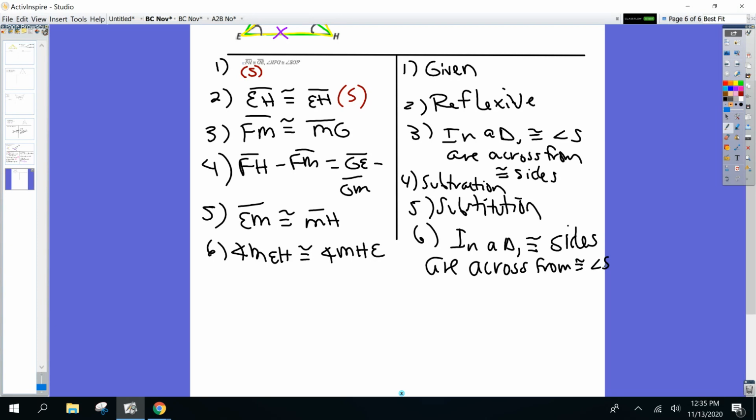And that, ladies and gentlemen, is the A that I needed to prove the triangles congruent by side, angle, side. So step 7, the triangles are congruent by a method called side, angle, side.